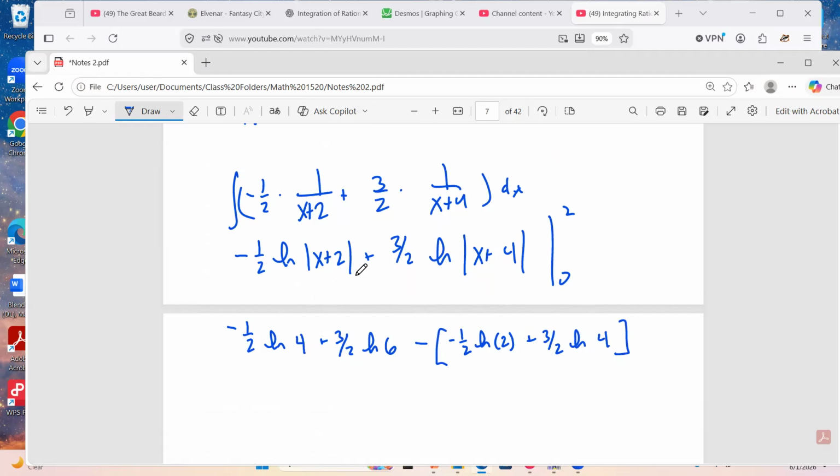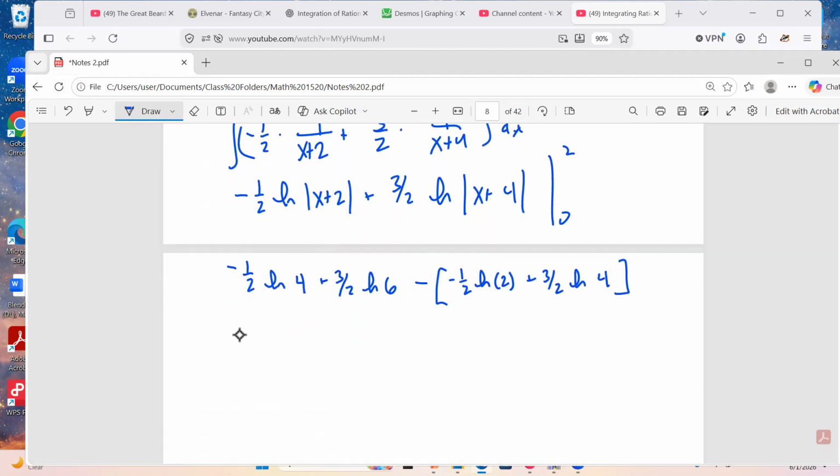Let's sort out some signs. So we have -1/2 natural log of 4 plus 3/2 natural log of 6 plus 1/2 natural log of 2, and then minus 3/2 natural log of 4. There are some shenanigans we could pull with the natural logs.